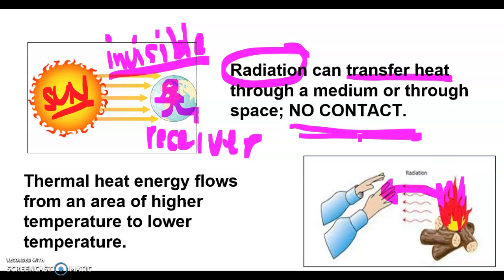You're not burned, but you can feel the heat, and there's no contact. Heat is being transferred from an area of higher concentration to an area of lower concentration, but there's no contact.